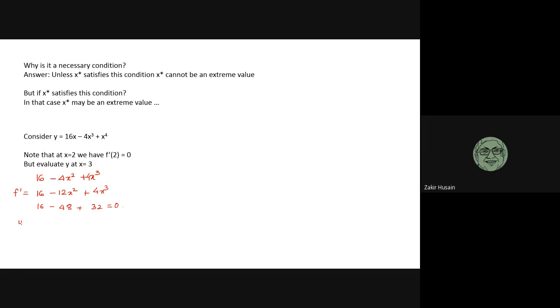Now, what is y at x equal to 2? Find it out, please.